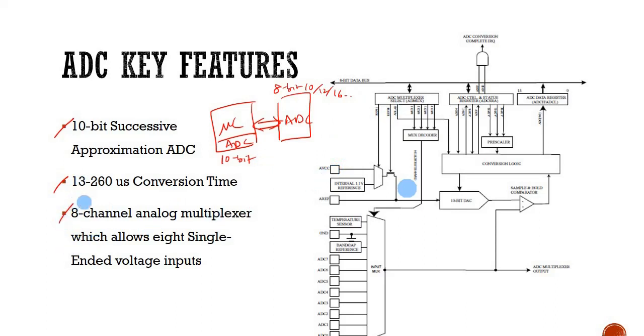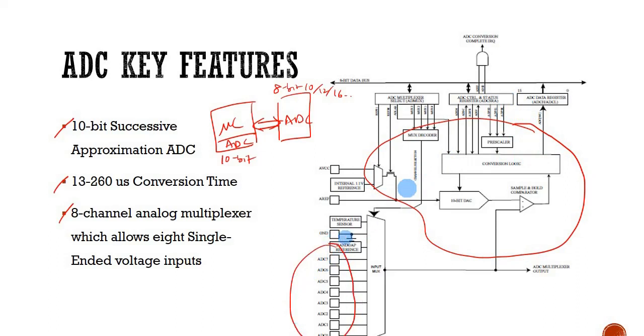For the 8 channels, you can select any one of them to do the A to D conversion. An important thing to note is you have only a single A to D module. If you look at the hardware inside the ADC module itself, it's just a single ADC module, but I have 8 channels that I can select from.